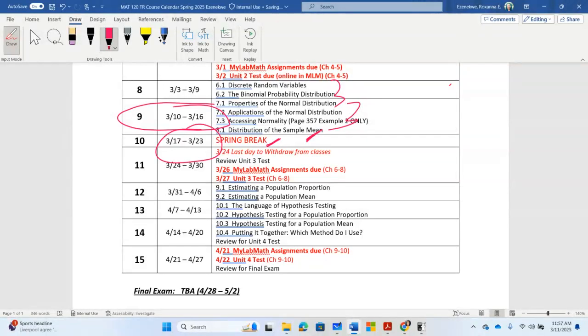The last day to withdraw from this class without getting an F is 3/24. And then my lab maths will be due on the 26th, chapters 6, 7, and 8. And then our test will be on the 27th, chapters 6 to 8.